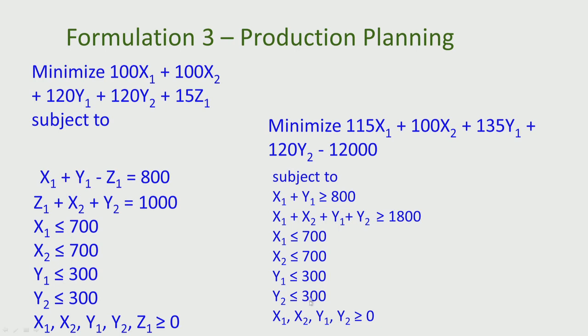The 4 capacity constraints remain the same. Now, there are only 4 variables because the variable z1 has been left out. So, all the 4 variables are greater than or equal to 0. Now, if we compare these two formulations, we may also wish to say that x1 plus x2 plus y1 plus y2 could be equal to 1800 or it could be greater than or equal to 1800.